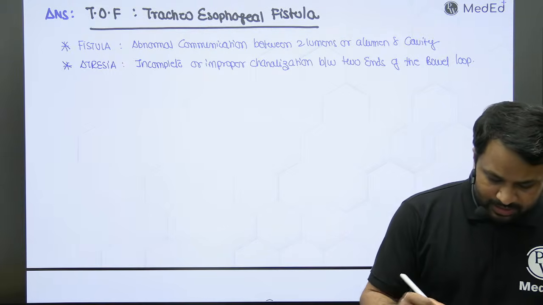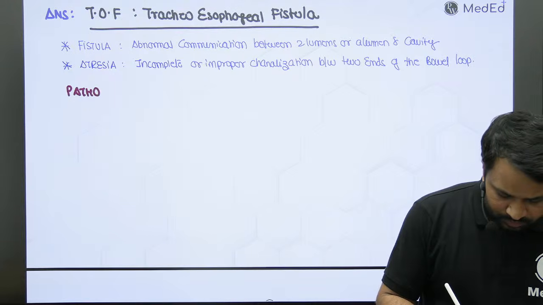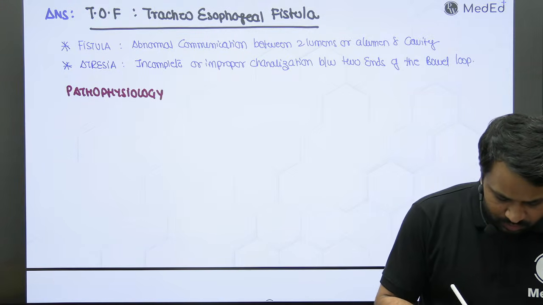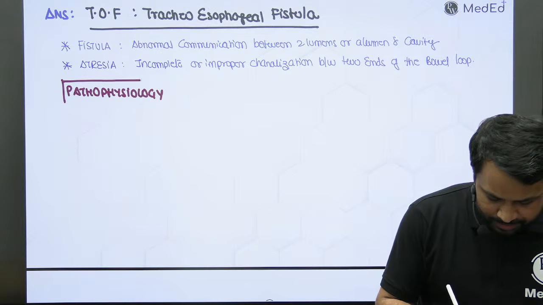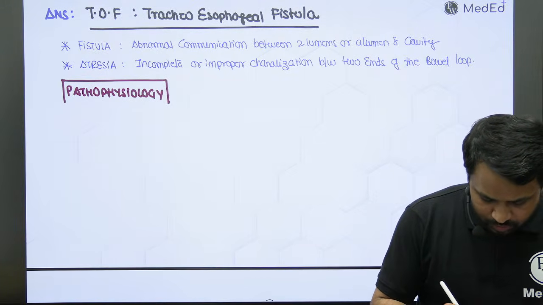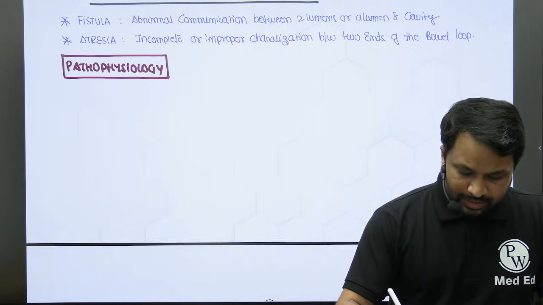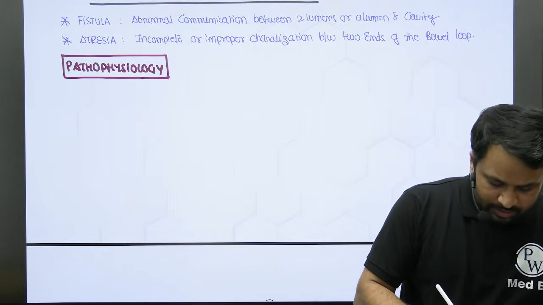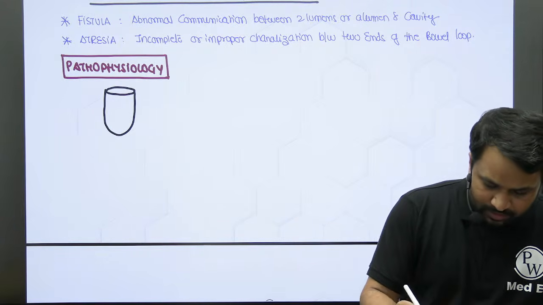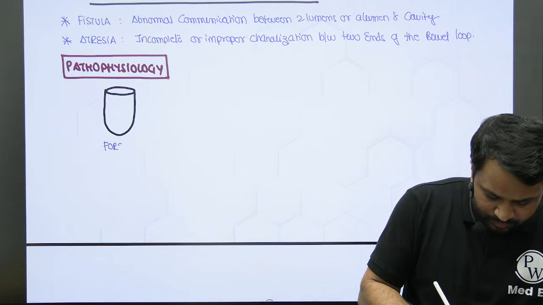Next, you have to write what is the pathophysiology of tracheoesophageal fistula. Now, a quick recap of the pathophysiology: remember, the esophagus is developed from the foregut. So you can simply draw a small diagram saying that this is the representation of a primitive foregut.